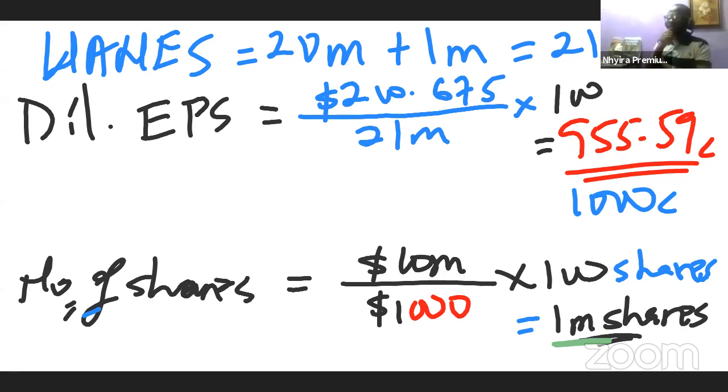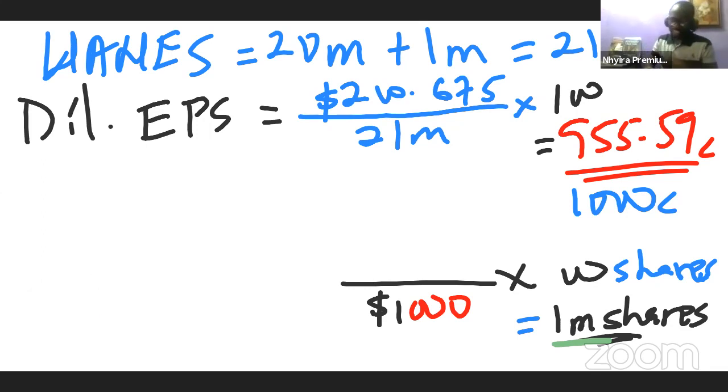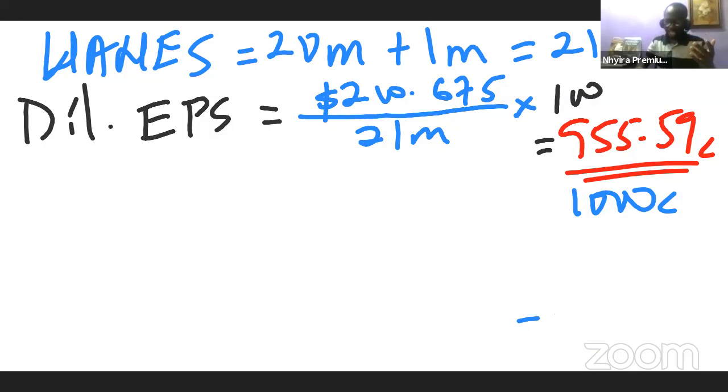The idea is that with the share option, the employees will be buying a certain number of shares later on in the future at a fixed price today. This is what it means.